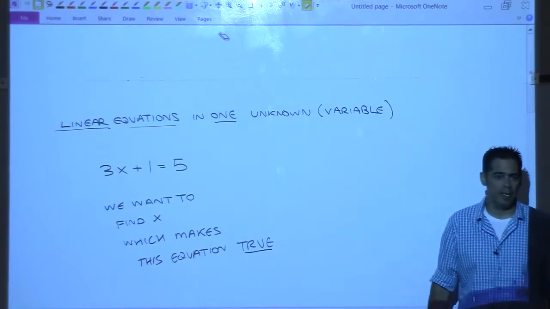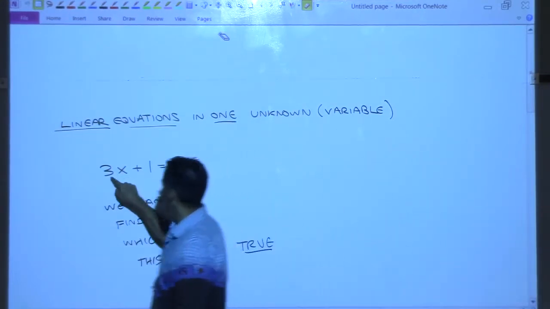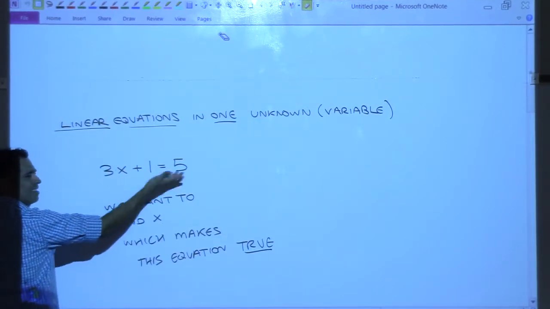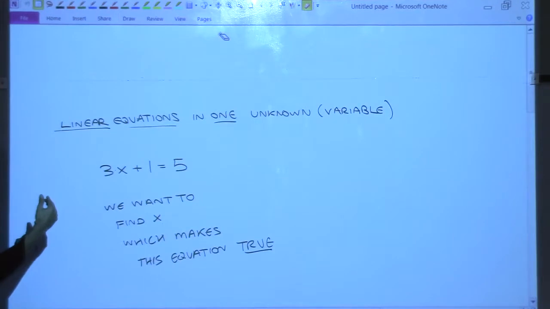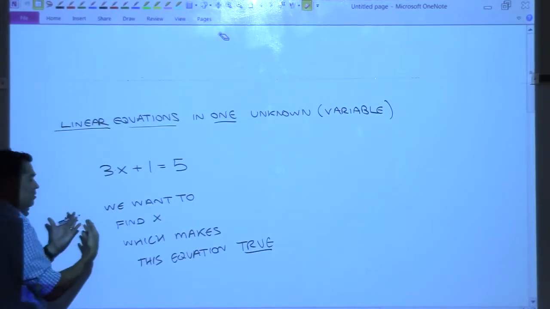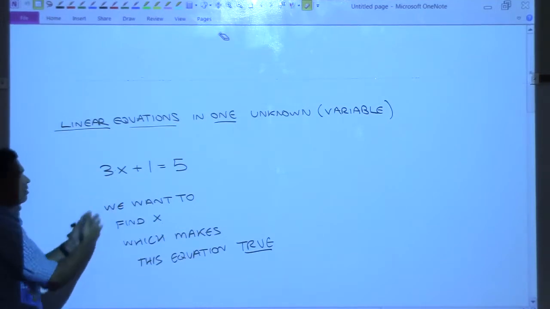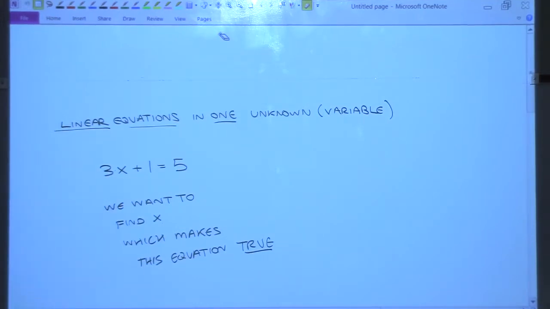Is that a true statement? No, it wouldn't, right? 3 times 2 would be, because this is multiplication, 6 plus 1 is not 5. So our goal is to find the value of x that would make this true, right? So can you look at that and tell what it would be?